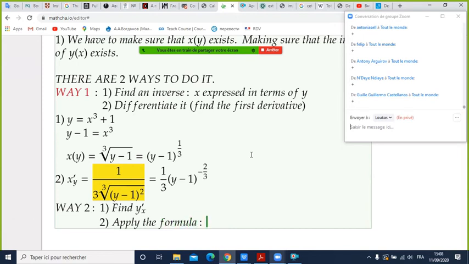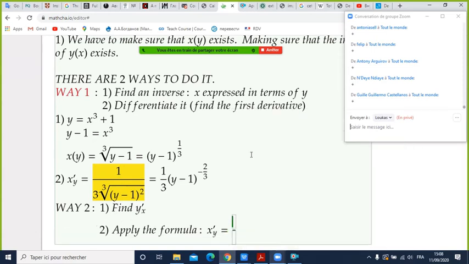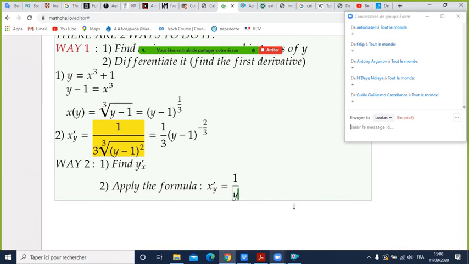So the formula, you remember, y prime x is equal to 1 over x prime y, or the other way around also works. X prime y is equal to a fraction of 1 over y prime x. So first we find it, then we apply the formula, and there is the third step that we did not, well, I showed it, but it was too messy.